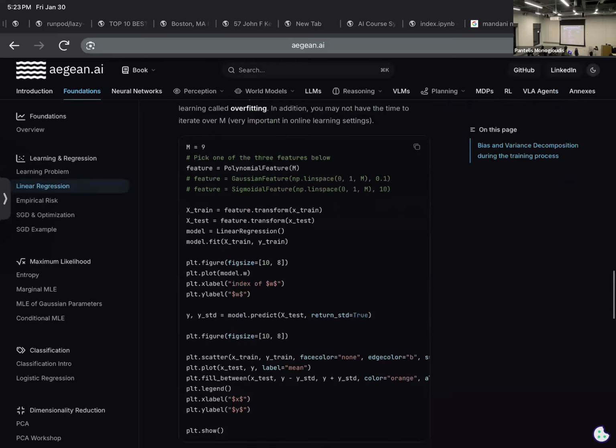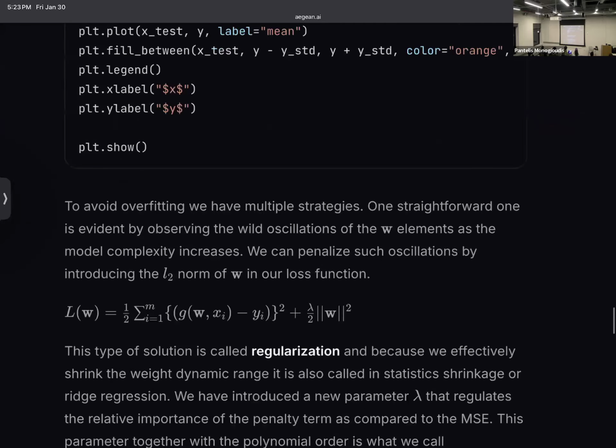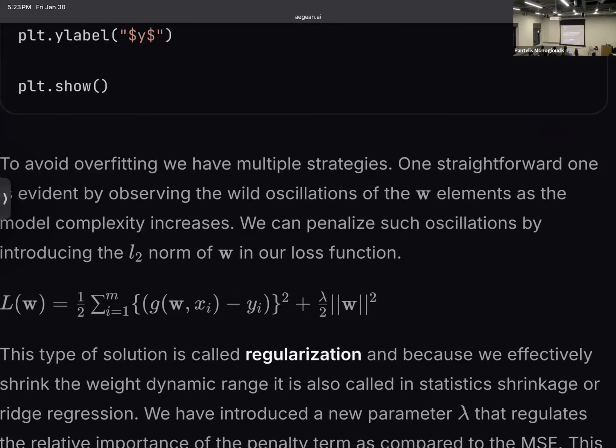Where is this? Okay, here it is. That was the loss function initially, the hypothesis minus the y. And then we have lambda over 2 norm squared of w. What did we call this norm squared of w?